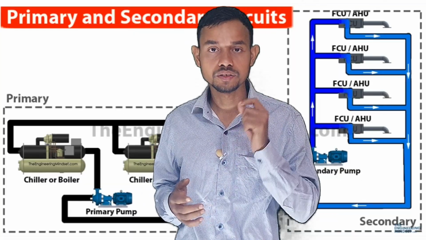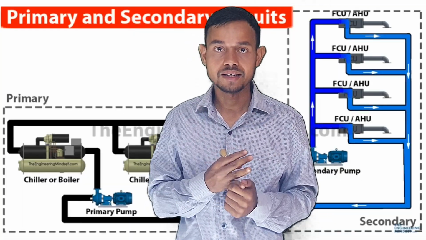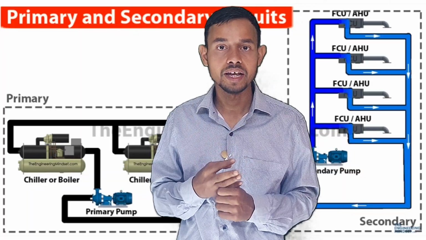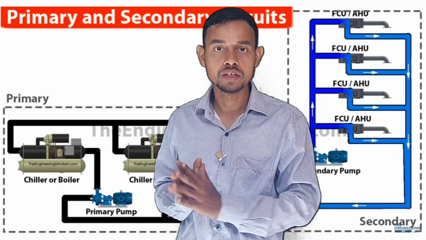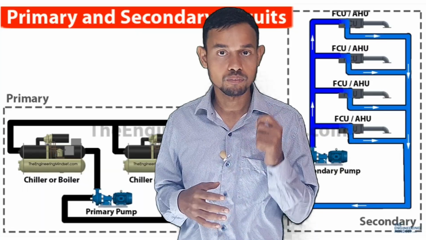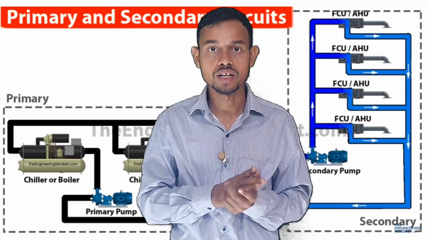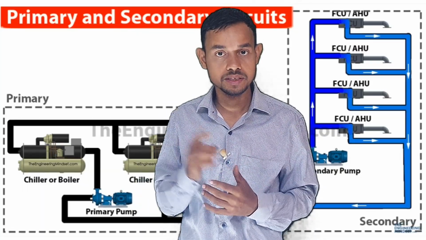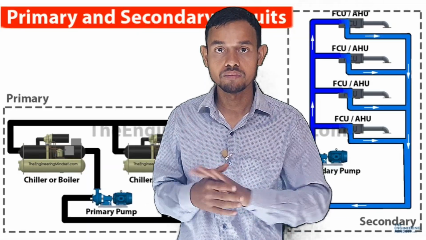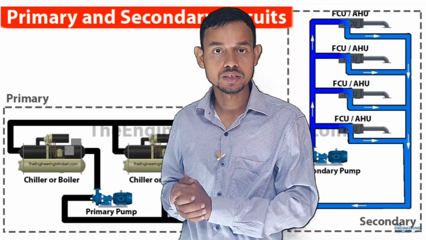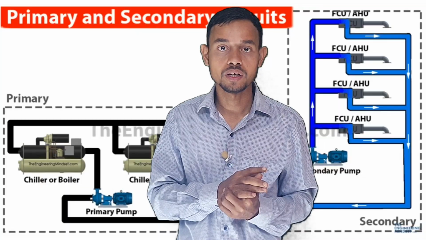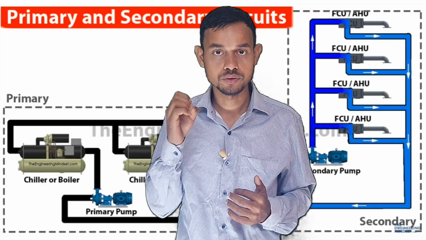The primary circuits will often have pumps running at a consistent speed, although some designs may have variable flow primary pumps. Either way, the maximum flow rate must be ensured. In both cases the chiller or boiler manufacturers will specify the maximum flow rate that must be achieved. If the flow rate falls below this, the chiller or the boiler can be frozen or overheated, which may result in catastrophic failure.